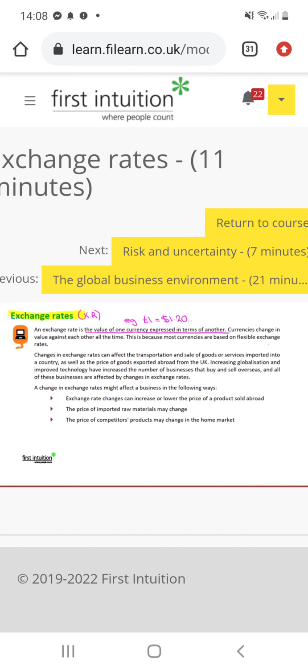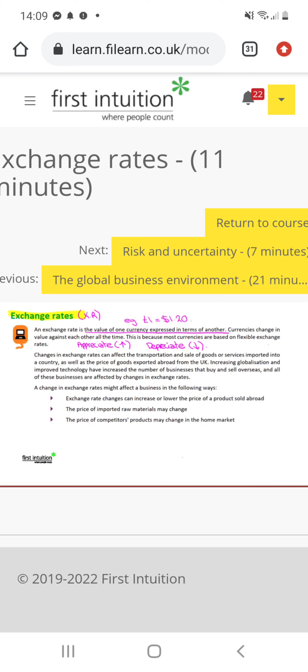Currencies change in value against each other all of the time. They can appreciate, so our pound is worth more, and they can depreciate, where our pound is worth less, and they can actually fluctuate on a minute by minute basis.